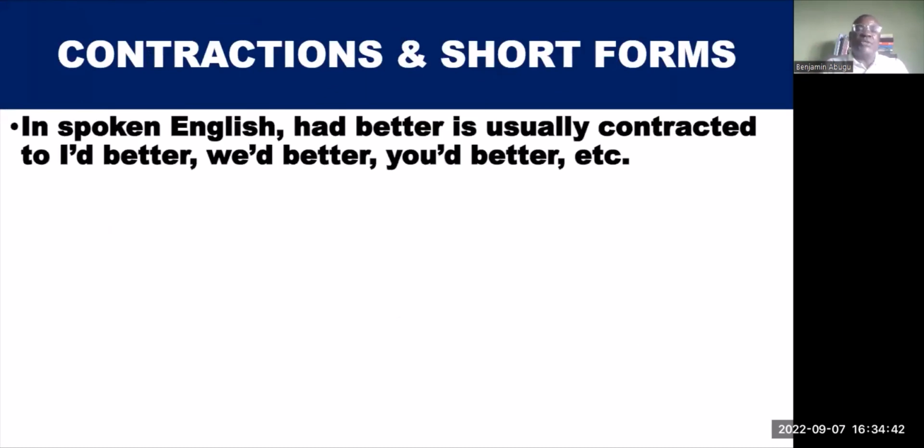Then contractions or short forms. These are used in spoken English. In spoken English, had better is usually contracted. If you listen to native speakers, they don't usually use the full form in spoken language.